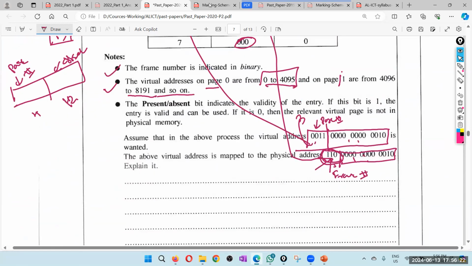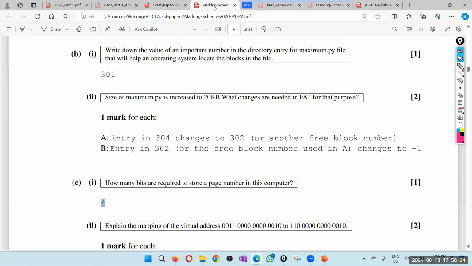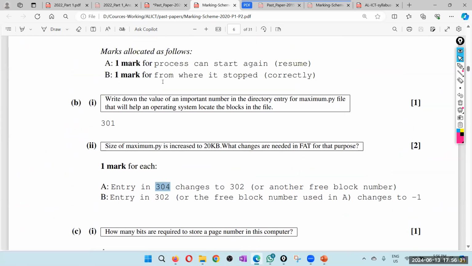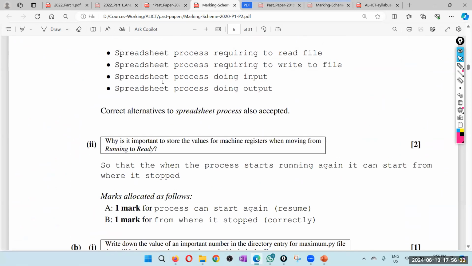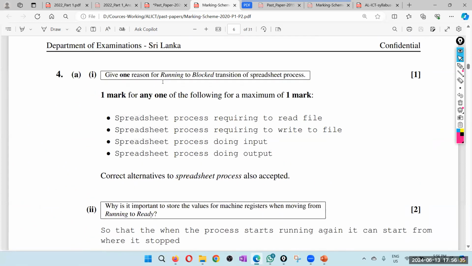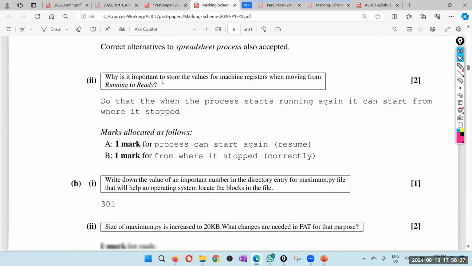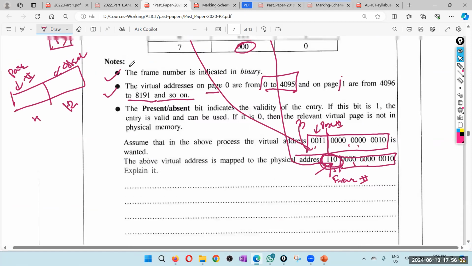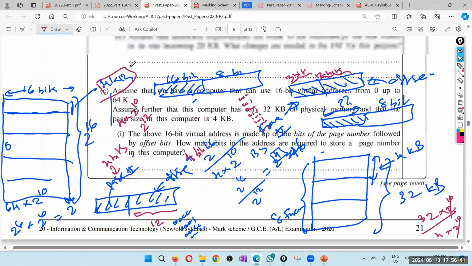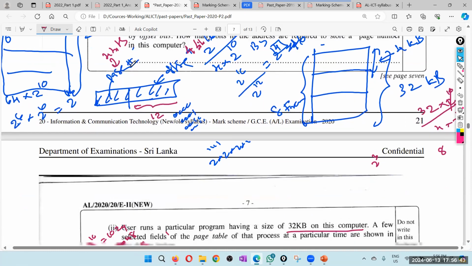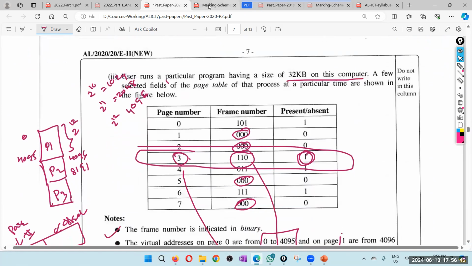Okay, next. So any questions? So let's look at the marking scheme answer. Which one is that? Part C, part 2, yeah.